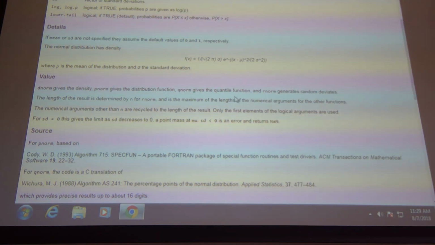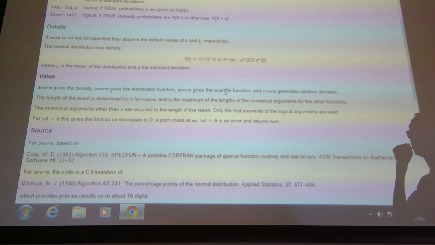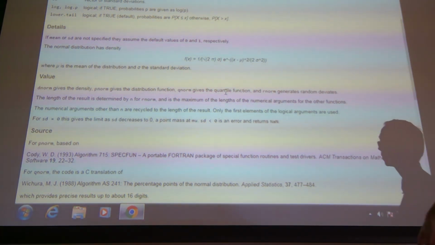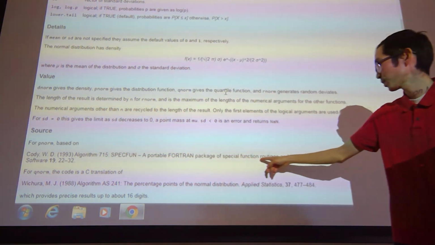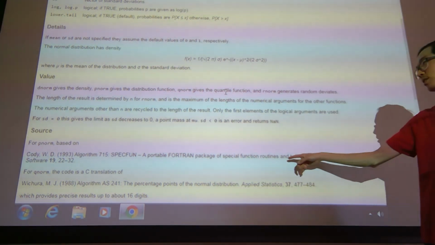Distribution, the quantile. Oh yeah, they call it the quantile function. The quantile function is the same thing as the inverse CDF. And yeah, so P-norm is based on this, a portable Fortran package of special functions, published in '93.